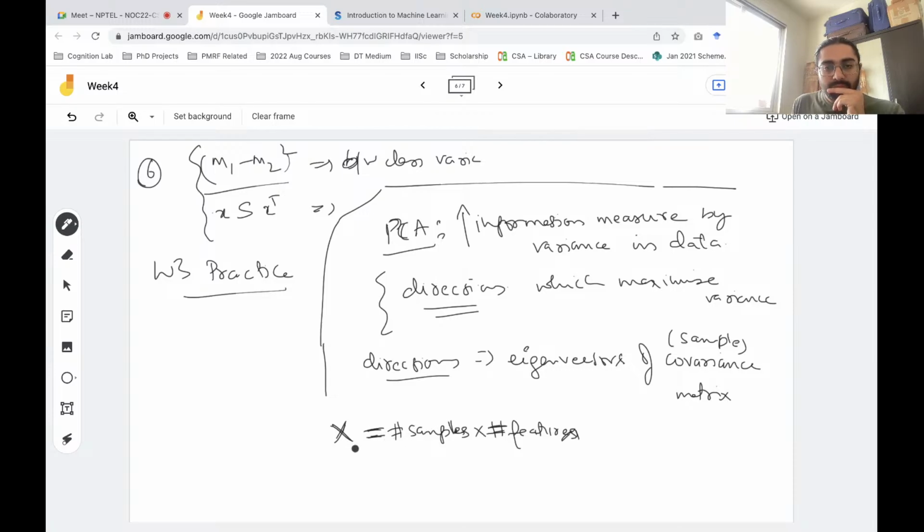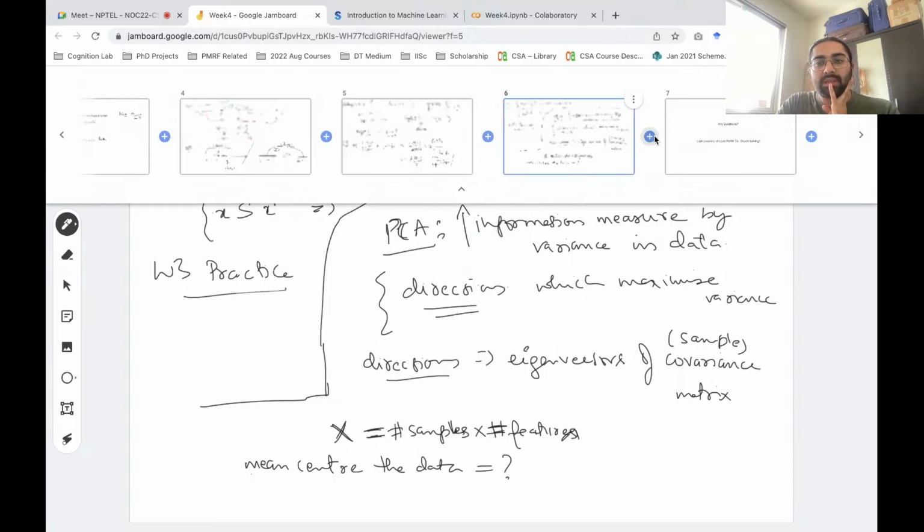So ideally, what you need to do first is mean center the data, right? What does mean centering the data mean, by the way? Any idea?